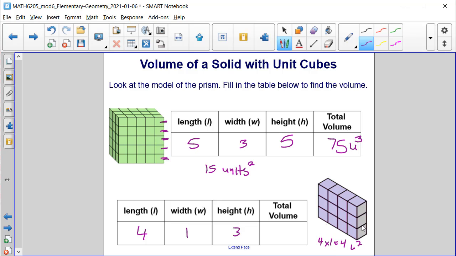The second layer also has an area of 4 square units, and so does the third. So if we multiply these areas of 4 square units by the number of layers, which is 3, which represents the height, we would end up getting a total volume of 4 times 1, which is 4, times 3, which is 12 cubic units.